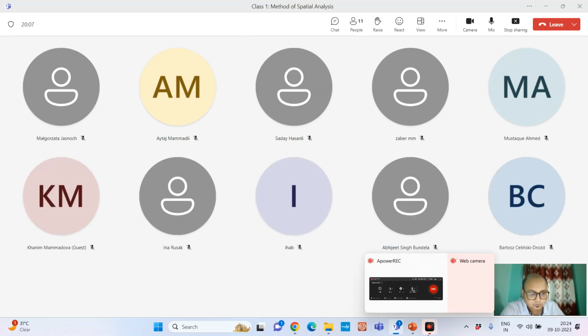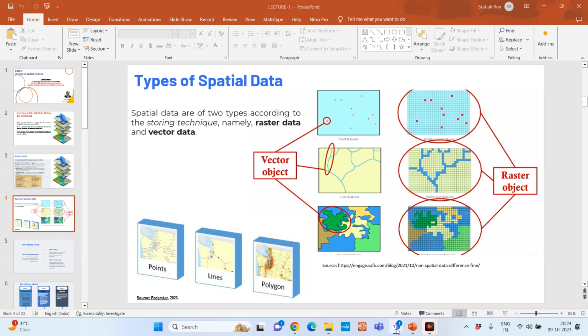Yes. So what are the different types of spatial data? There are two kinds of spatial data: one is vector data, and the other is raster data. Again, we can classify vector data into three parts: point data, line data, and polygon data.